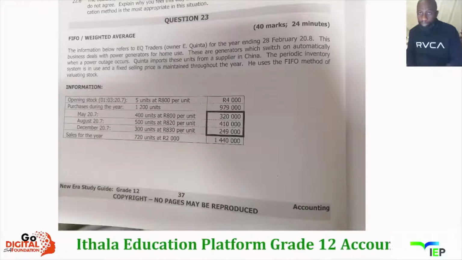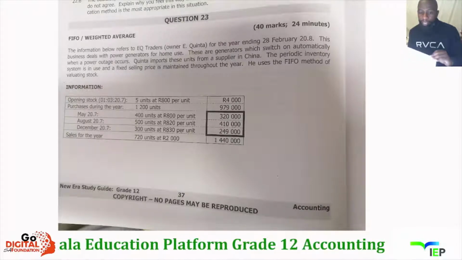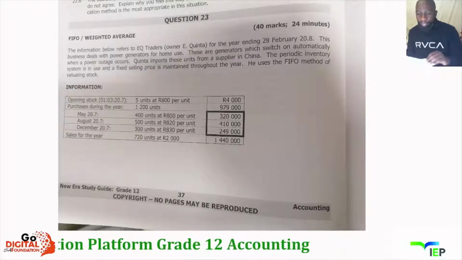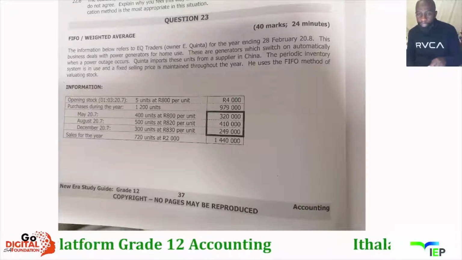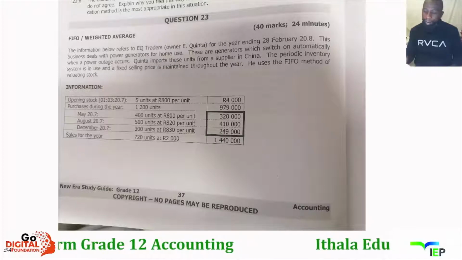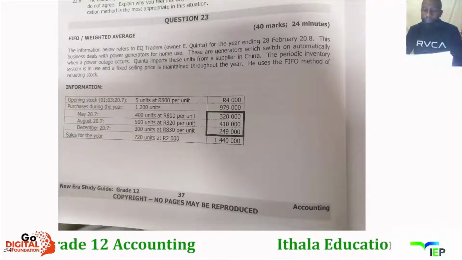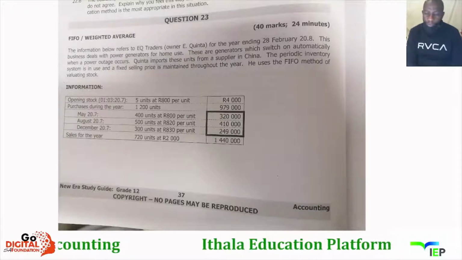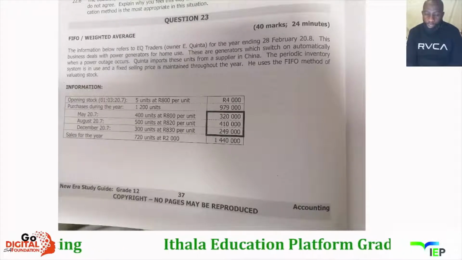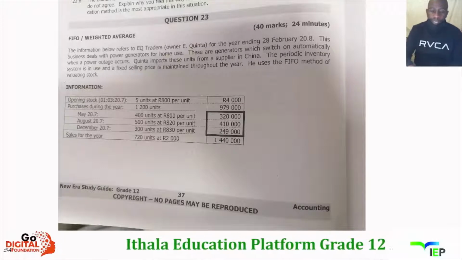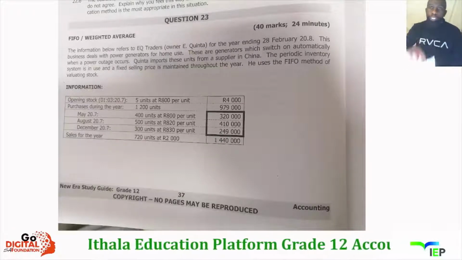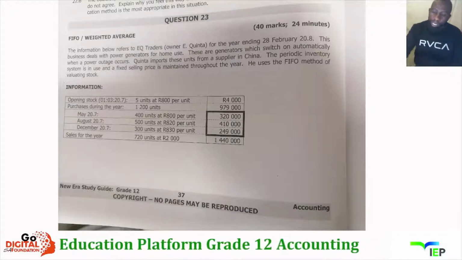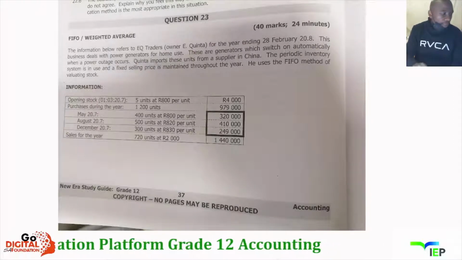That's the one they have asked now. The third: calculate the cost of sales. The fourth: calculate the gross profit. The first one they did not ask, since it does not say to calculate the number of units unsold or closing units on hand. They want number 2, so number 1 is given automatically, which means the closing units were given.